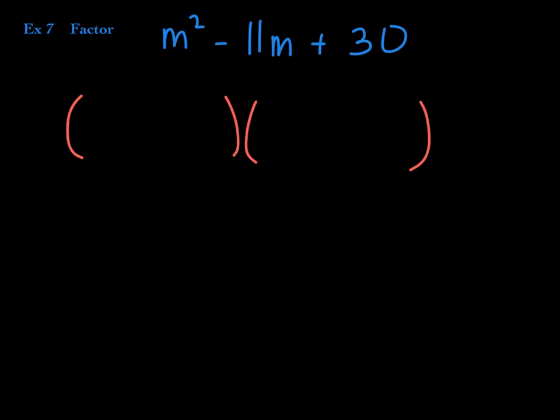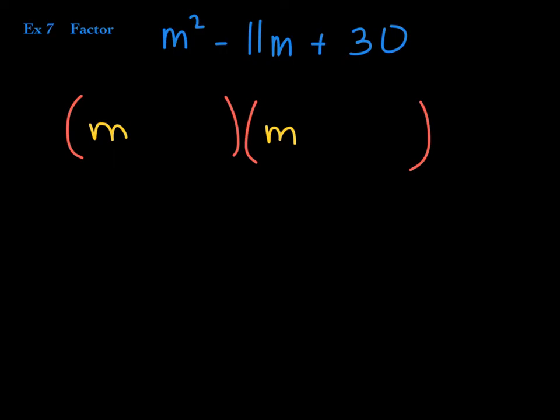And you and I know that whatever we put here and here must multiply to give you m squared. That leads us to believe that this term must be m and this one must be m, because m times m is m squared. Furthermore, whatever we put here and here must multiply to give us a positive 30.